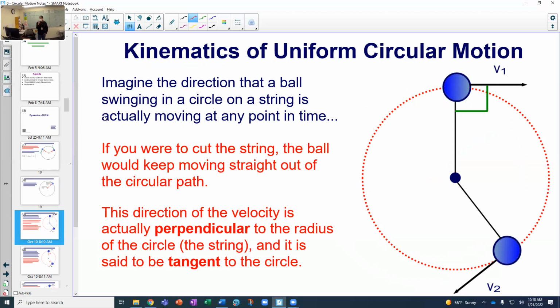In this case, that radius of the circle will be represented by the string. And it is said to be tangent to the circle. So not much new here, just a quick reminder of some of the things we covered last time. But making sure you're aware that the object would start off tangent to the circle.